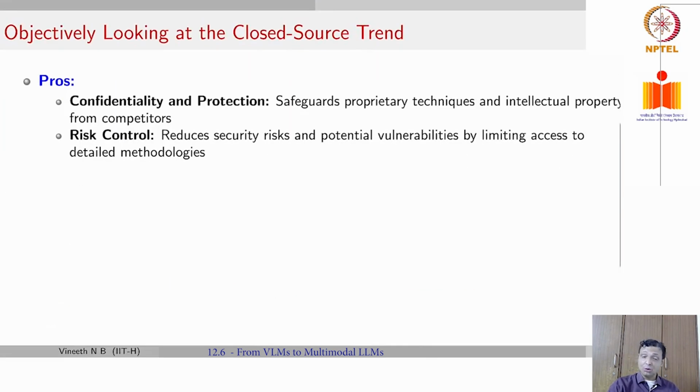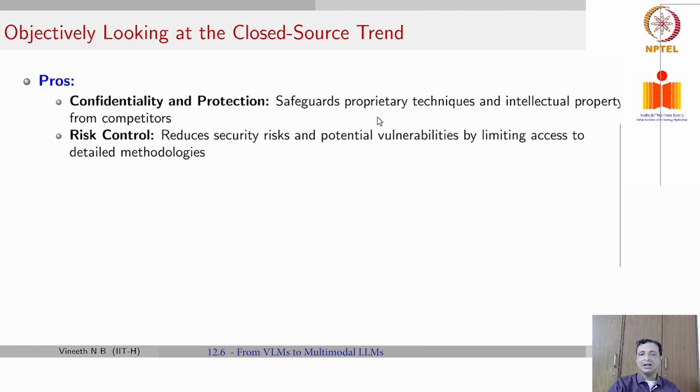And this could be a concerning shift, because what has really led to exponential growth of AI or language models in the recent past has been their open source nature. This closed source trend has its own pros and cons. The pros are it allows confidentiality and protection for the companies developing these models.